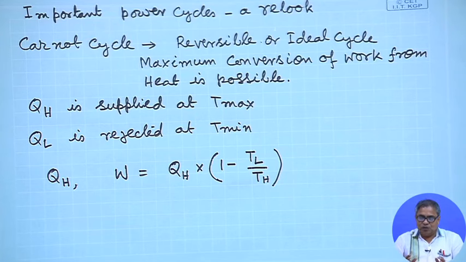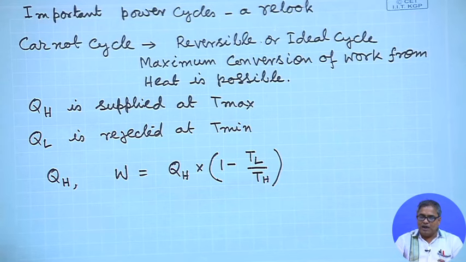Whether we use Carnot cycle or not, this can be used as a guideline for designing or selecting a cycle. All right. Now, what are TL and TH? TL is where the heat can be dumped, and for all practical purposes it is the temperature of the environment or ambient.